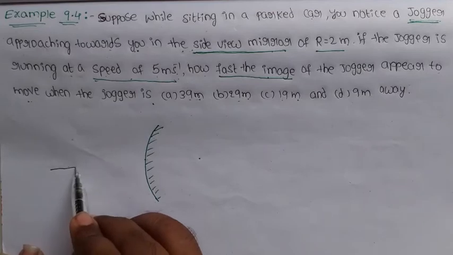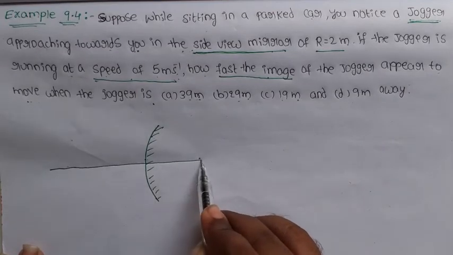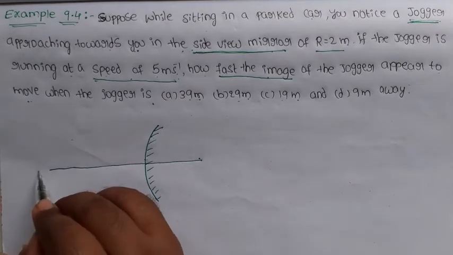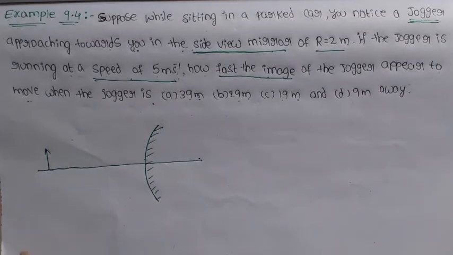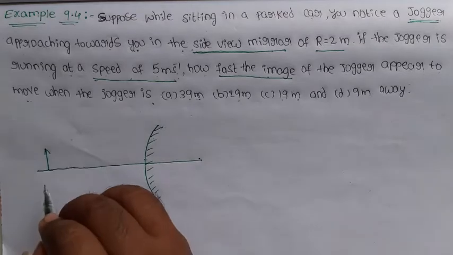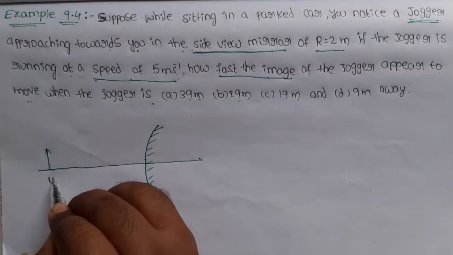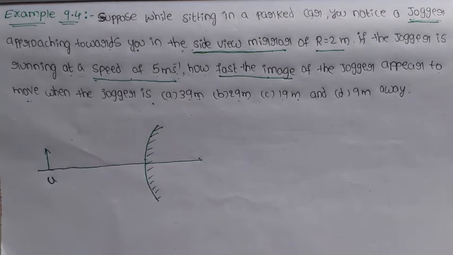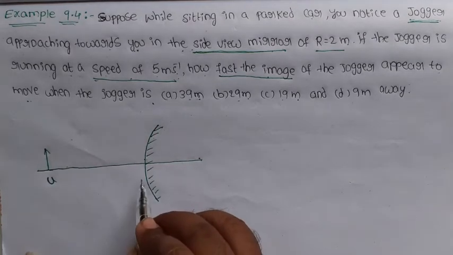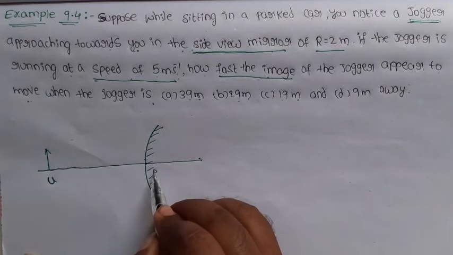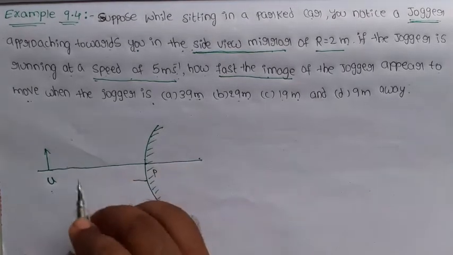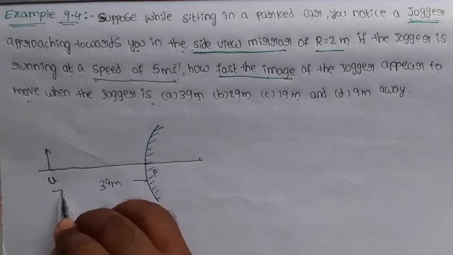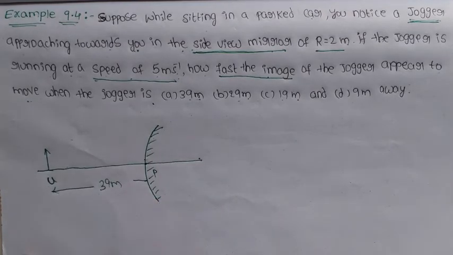This is the principal axis. I am placing the jogger here as the object. The object distance u is from the pole, so the pole to object distance in the first case is 39 meter.